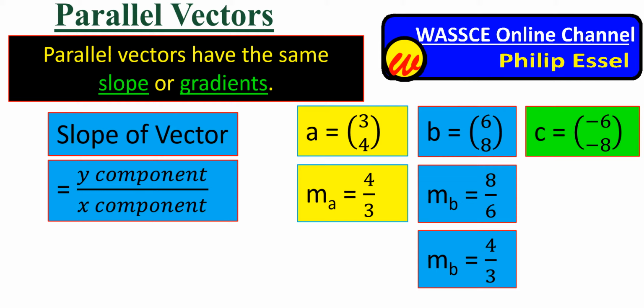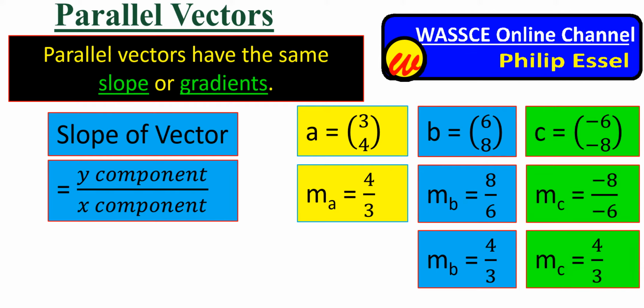For vector C, its gradient will be given by -8 over -6, since its y component is -8 and its x component is -6. And when we break this further, we would get 4 over 3.